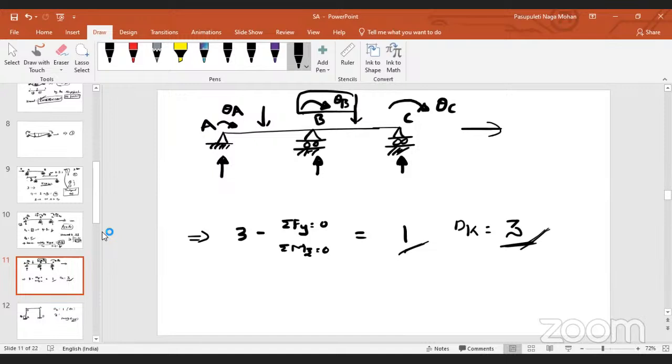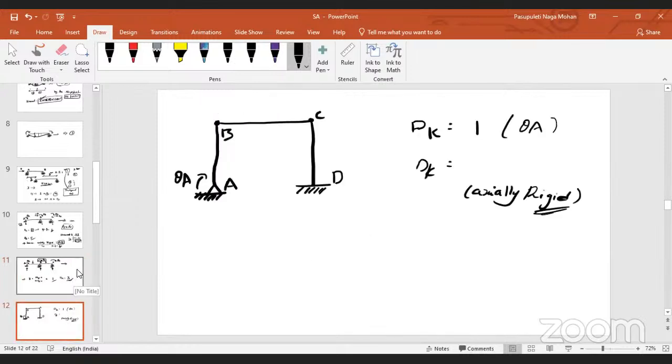What is the difference? It is a beam, sir. It will be a frame, sir. In a frame, wherever there is a transition, a change in the member orientation, we have to consider the displacements at that point also. So at point A we have to consider.